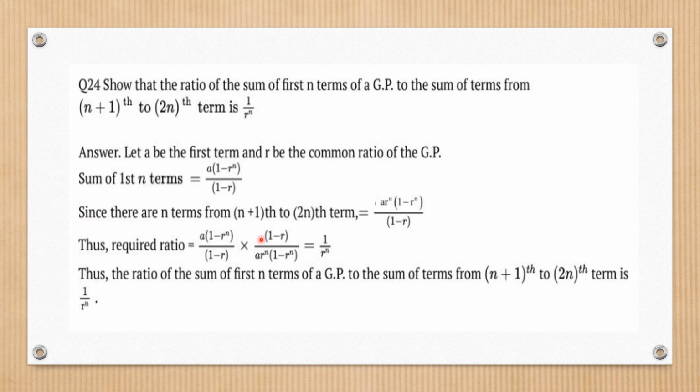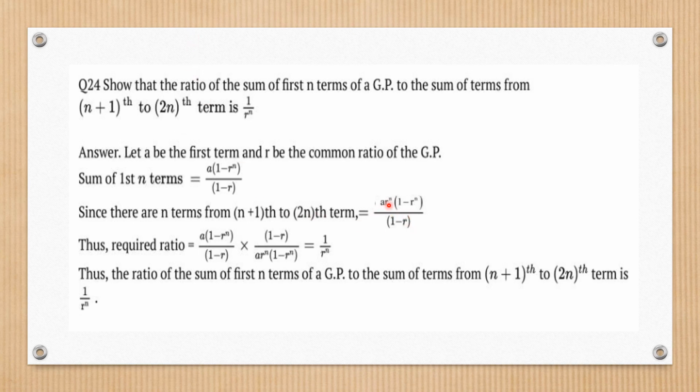Now see, what is the nth term? An is your ar raised to n minus 1. The power of r is 1 less than the term number. So the n plus 1 term will be having ar raised to power n. It will be having terms like ar raised to power n, and so on, up to the 2nth term. So what is the first term? First term is your ar raised to power n.